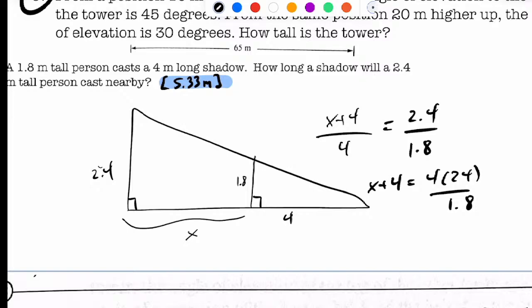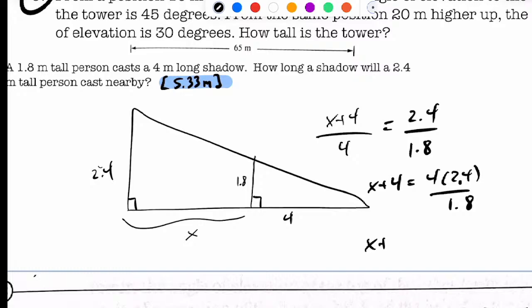Is that right? Oh, that's 2.4. Sorry guys, I was looking at my answer, and this was not coming out to be the same as the answer I provided.